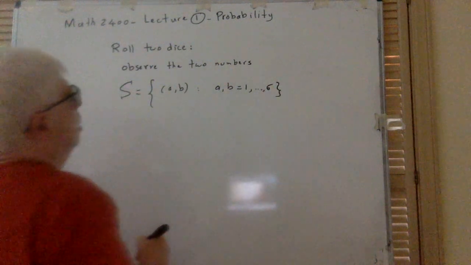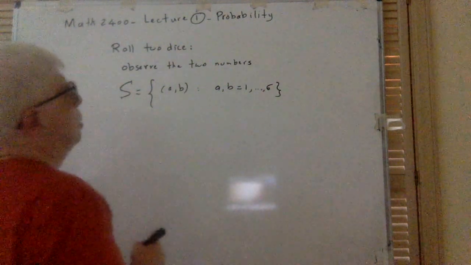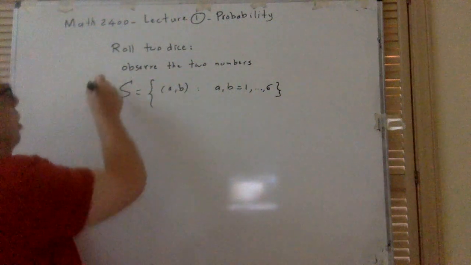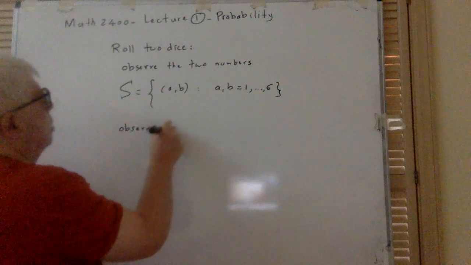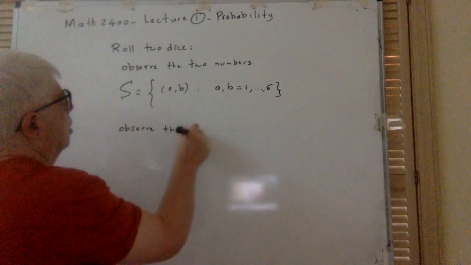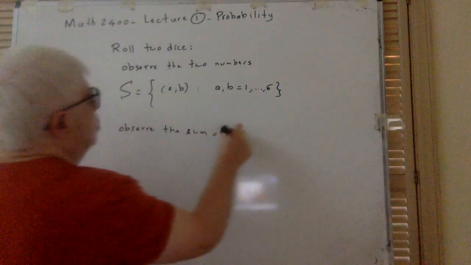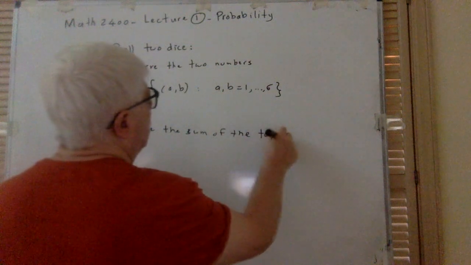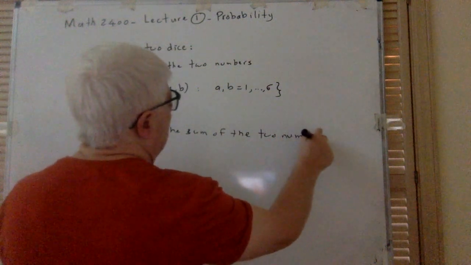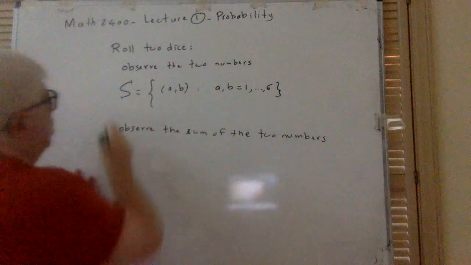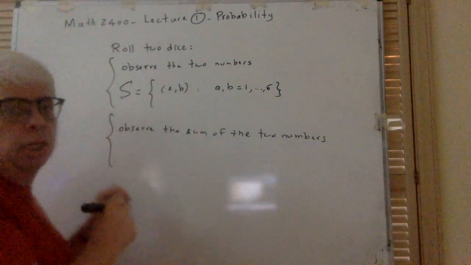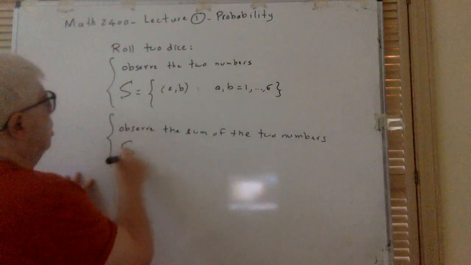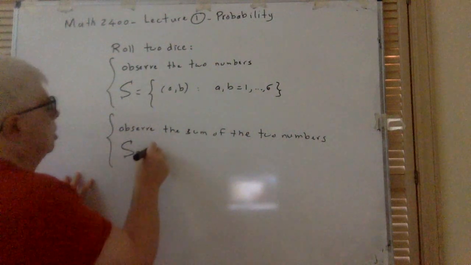Okay? So this is if we observe the 2 numbers separately, or we can observe the sum of the 2 numbers. So if we observe the sum of the 2 numbers, it will be something like this.